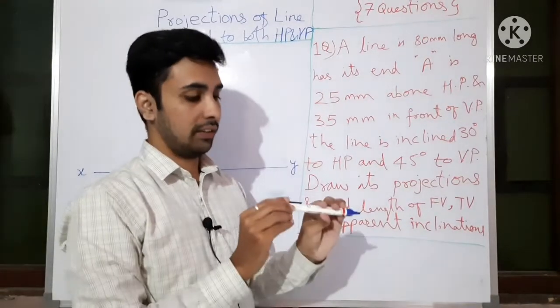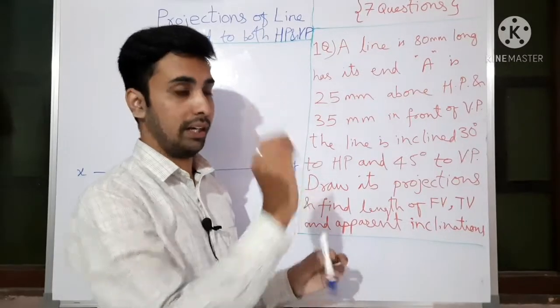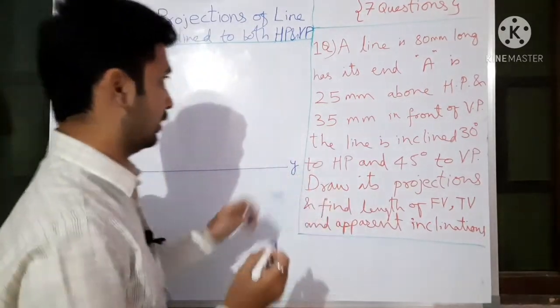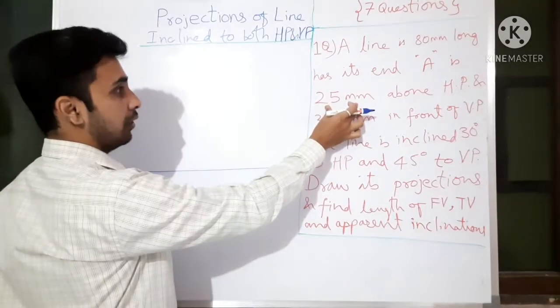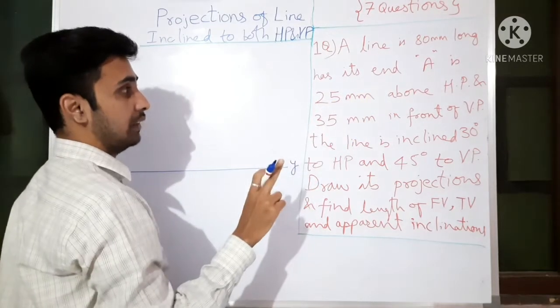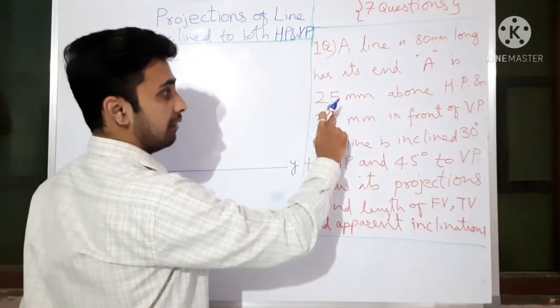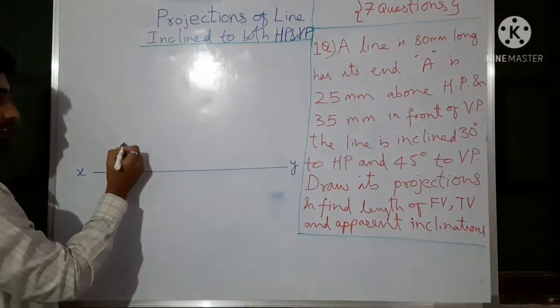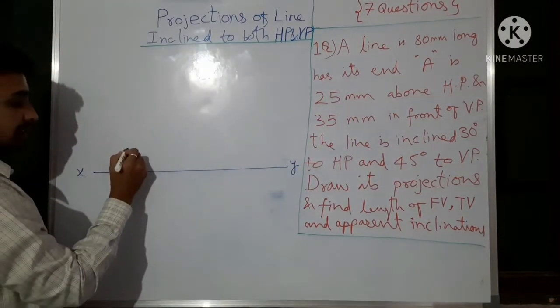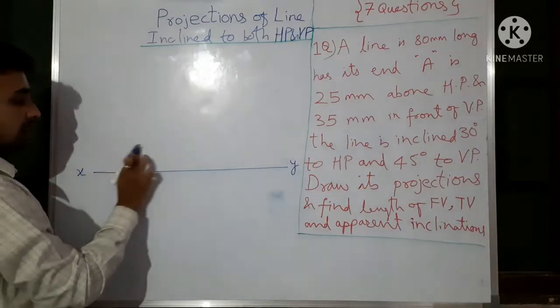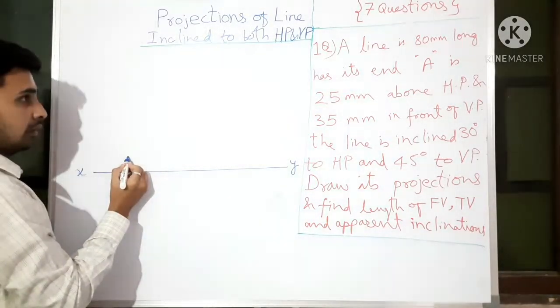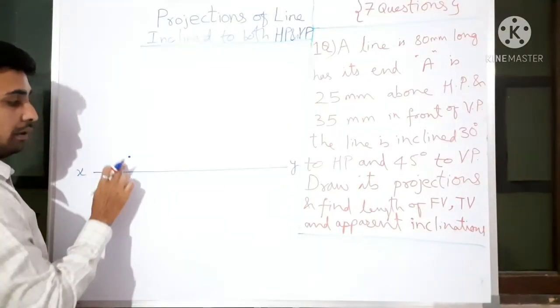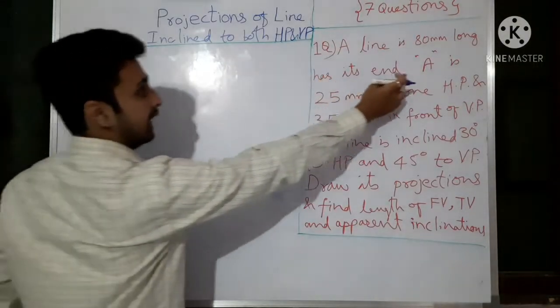That point is 25 mm above HP. As I said in the projection of points video, whenever we have any distance above HP, directly above XY line, that distance you need to take, which is given. So assuming here 25 mm above HP.